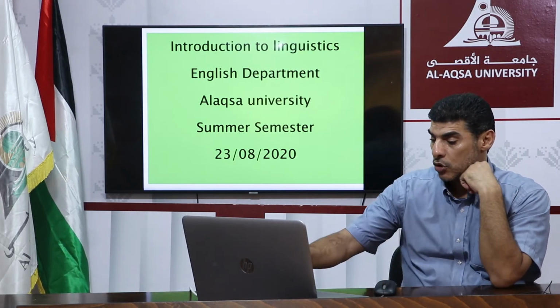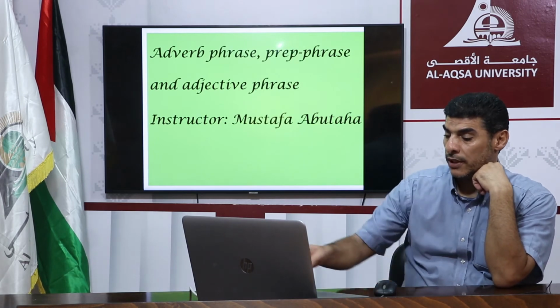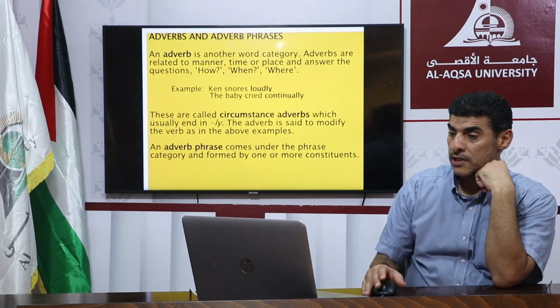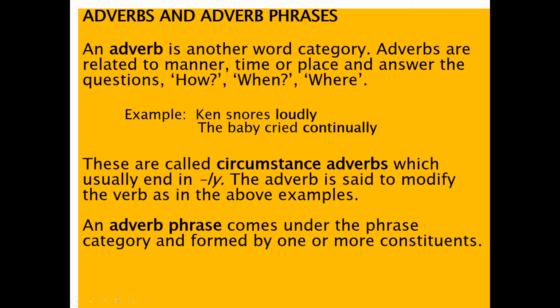Okay, and now swiftly moving on to the next point of importance, which is adverbs and adverb phrases. An adverb is another word category. Adverbs are related to manner, time, place, sometimes frequency, degree, and so on. So they usually answer questions like how, when, where.